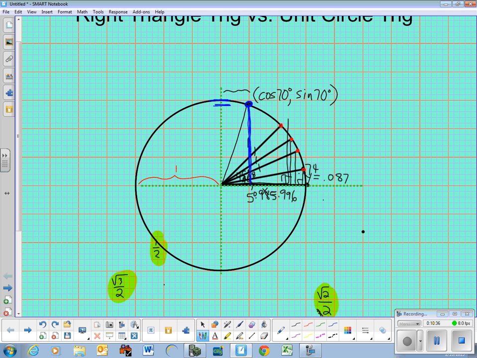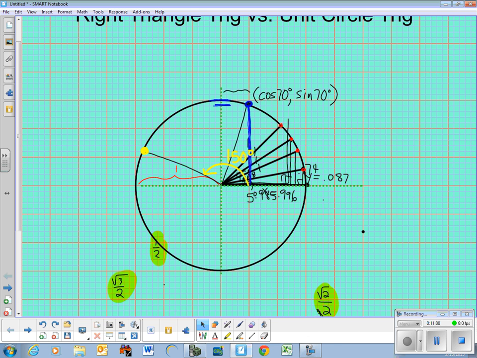It kind of breaks off from right triangle trig when we ask, what if the angle were 150 degrees? Then we're over here, and we still do sine and cosine of 150 to get the x and the y coordinates of that point.